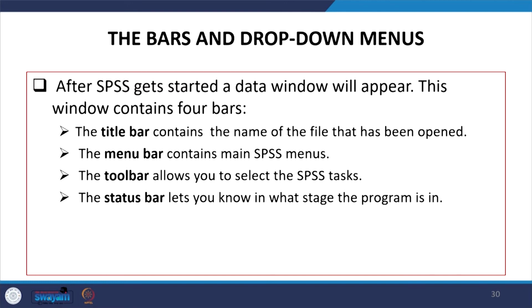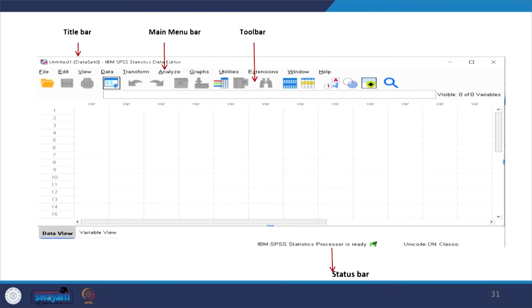The title bar contains the name of the file that has been opened. The menu bar contains information about SPSS menus. The toolbar allows you to select the SPSS task. The status bar helps you know what stage the program is in. Okay, this is what it is all about.